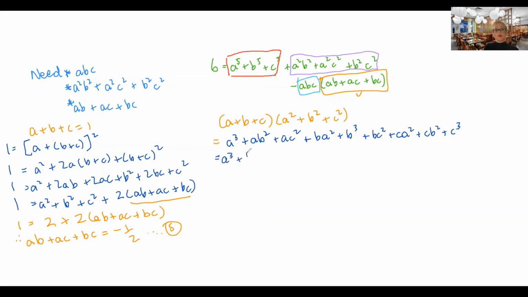Again, let's put all our cubed terms together because we know what that equals. And then what are we left with?